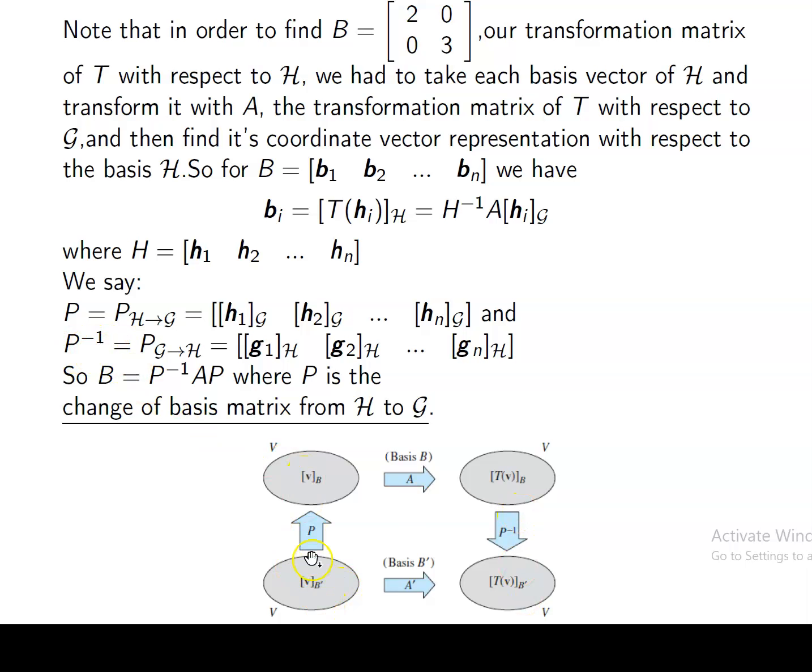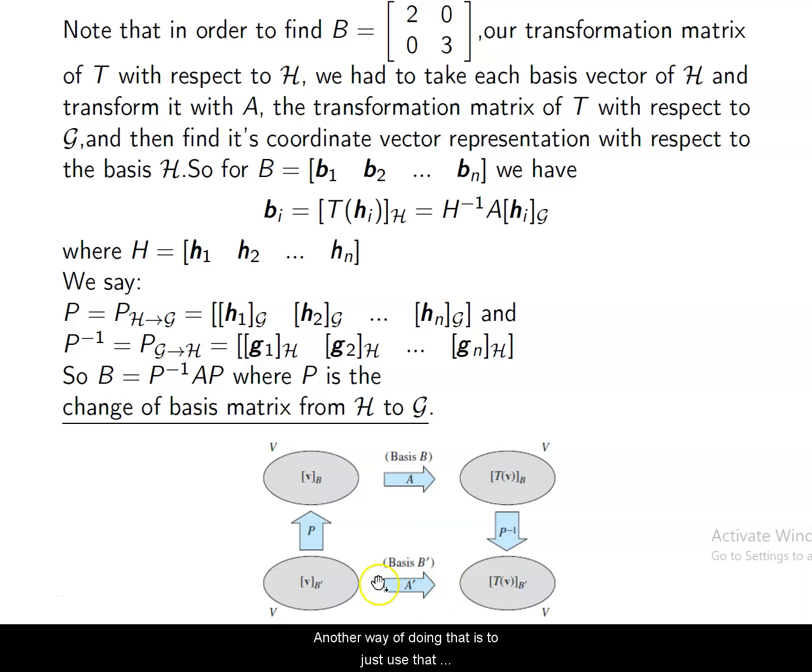So we take our vector V, we represent it in H, we go from H into G. Now that we're in G, we transform it with A. Our result is now still in G, so we've got to bring it back to H, right?